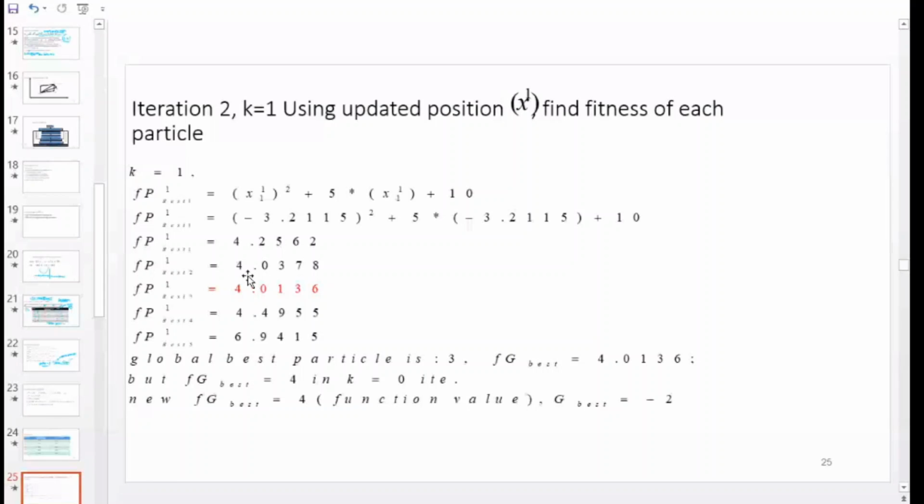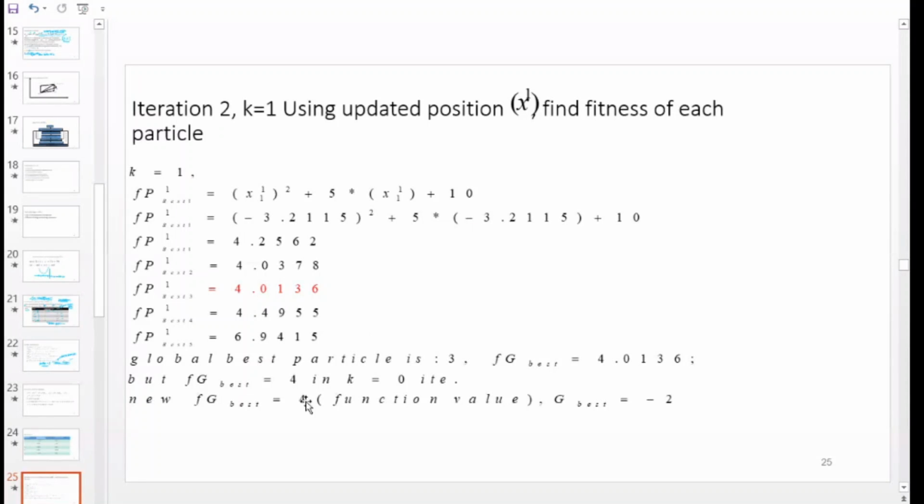Then for the second particle 4.0378, for the third 4.01, fourth 4.49, fifth 6.94. Now the same procedure, 5 function values are obtained for the first iteration, or k is equal to 1. Now tell me which one is the minimum among these 5 values? This one is the minimum, right?